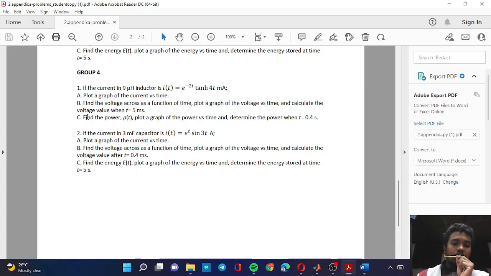For question 1c, we have to find the power, plot a graph of the power versus time, and determine the power when t equals 0.4 second.